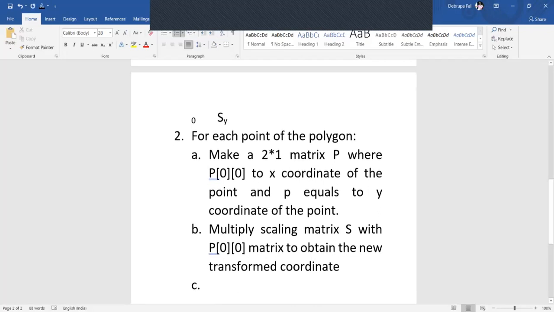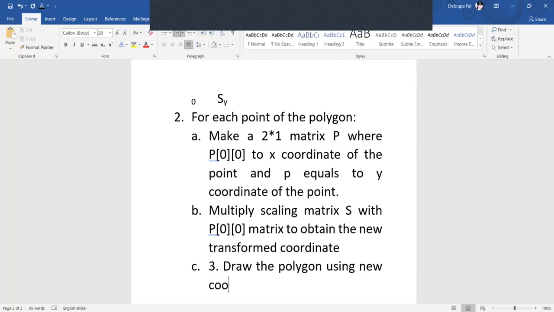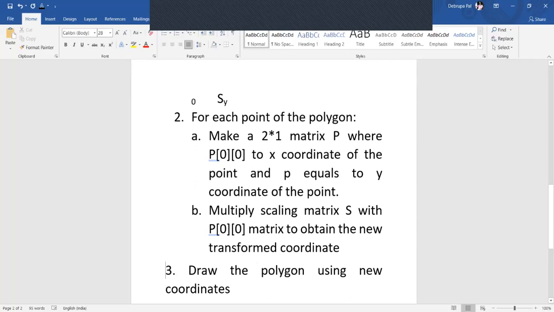The next step will be to draw the polygon using the new coordinates. So we draw the polygon using the new coordinates which we obtained by multiplying the scaling matrix with the P matrix.